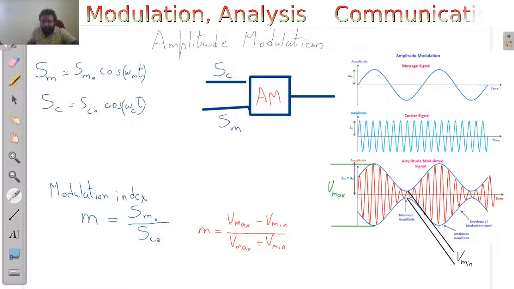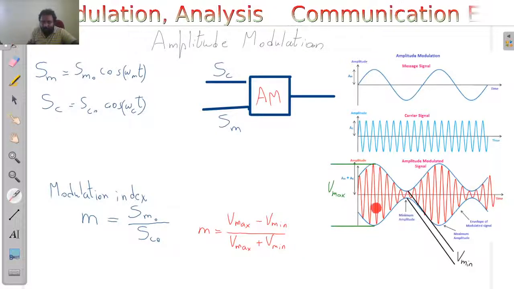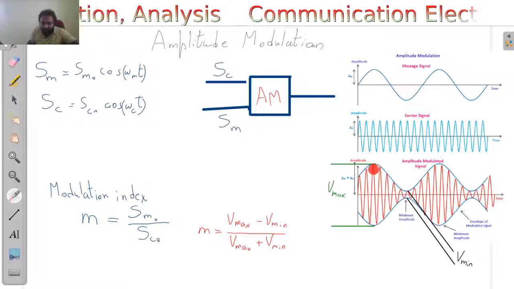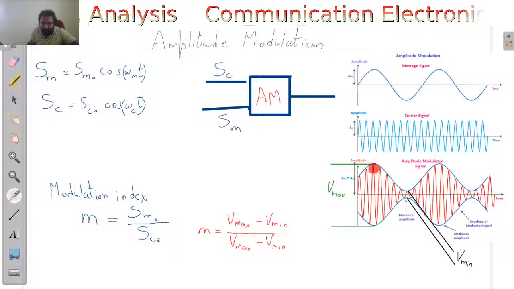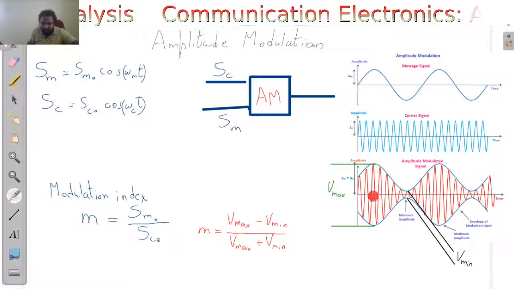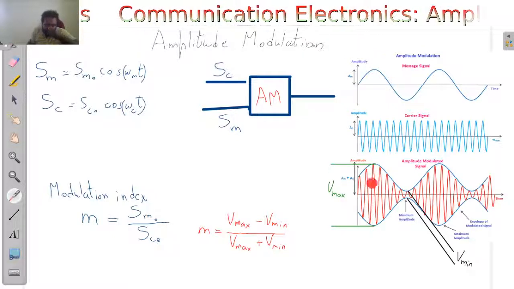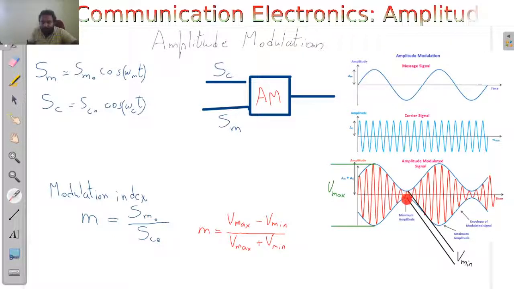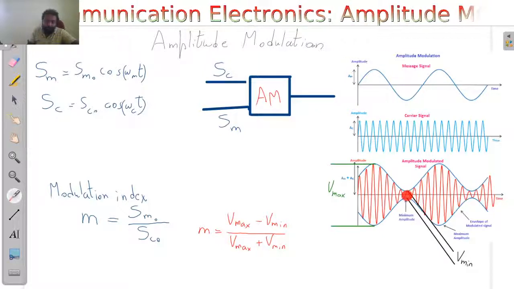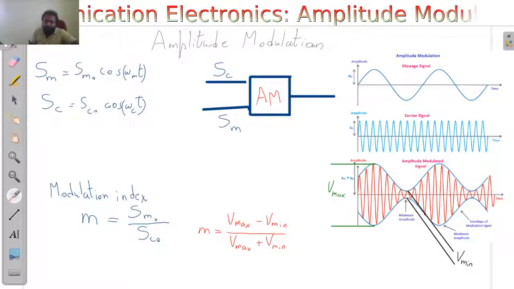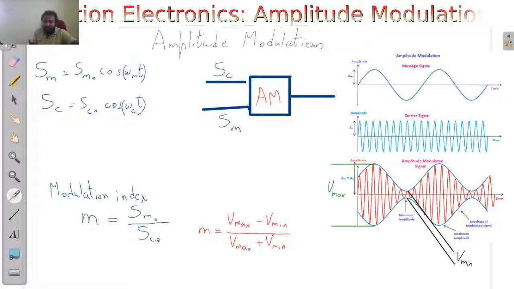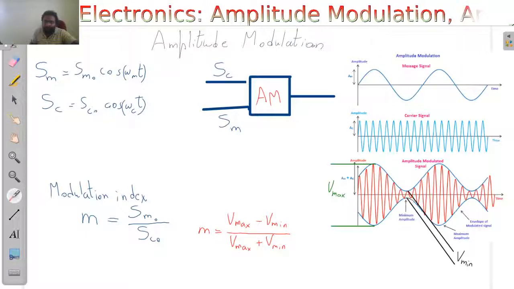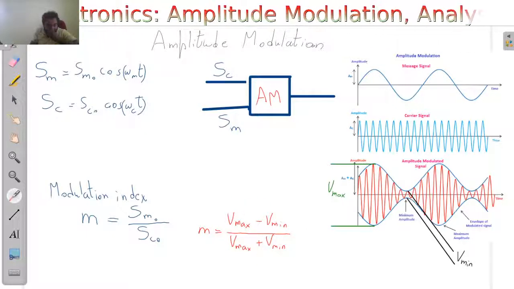Vmax minus Vmin is the vertical distance between these two points. Vmax is the maximum amplitude of the modulated wave, and Vmin is the minimum amplitude. You can take the difference and divide it by the sum of Vmax and Vmin. That also will give you the modulation index.